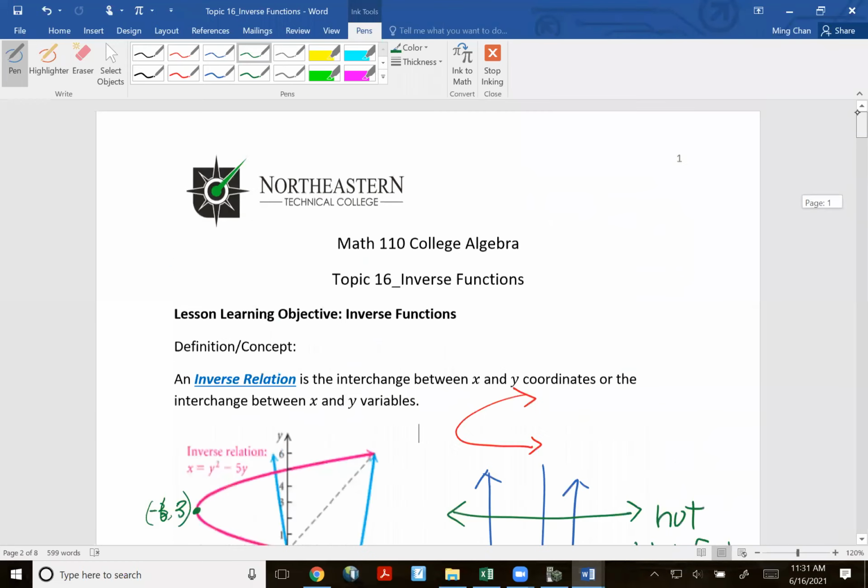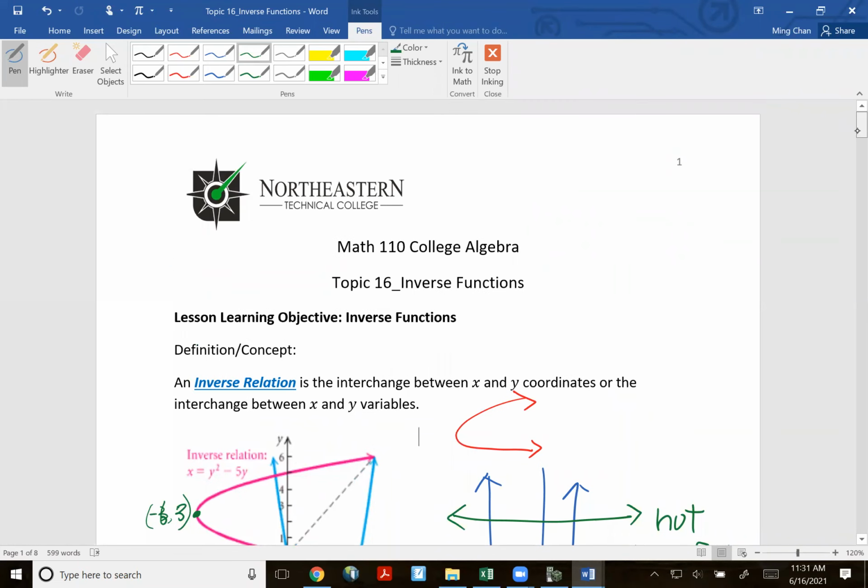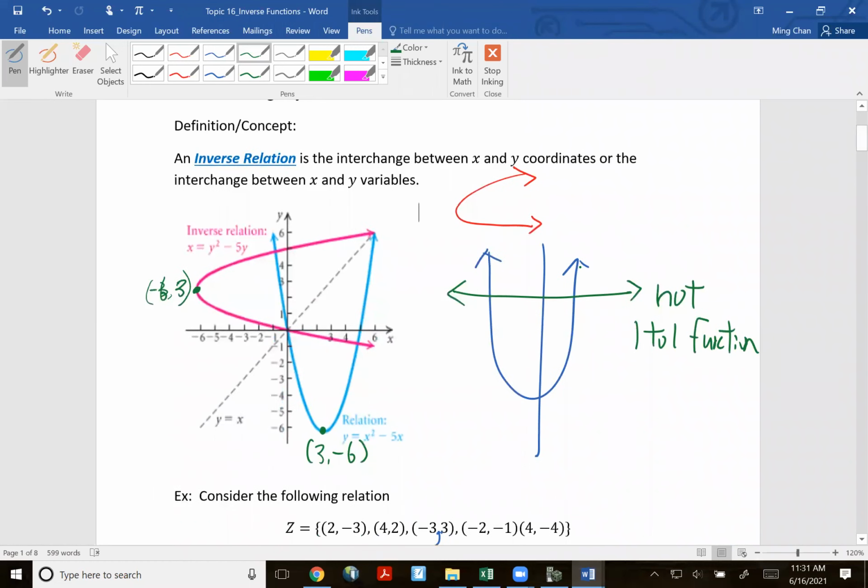If it is not a one-to-one function, then you cannot find its inverse function. Not one-to-one means you can't find its inverse function. So what do you get? You cannot find its inverse function.